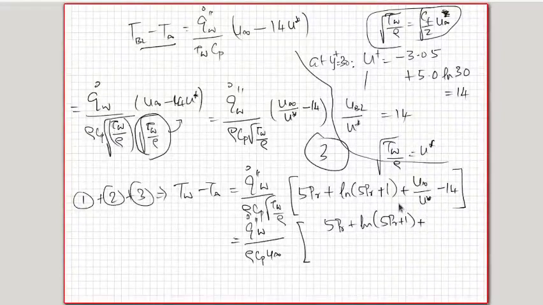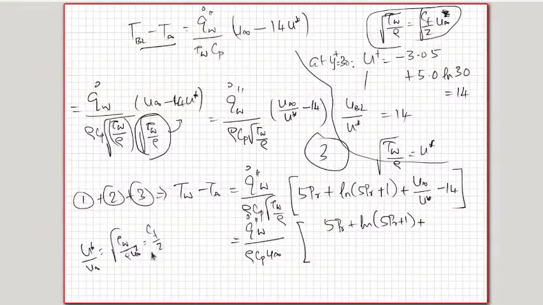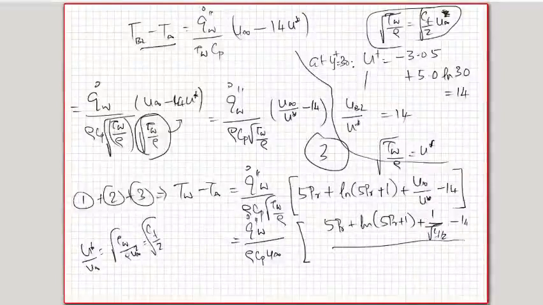Now U star is square root of tau wall by rho. So U star by U infinity will be square root of tau wall by rho U infinity square, which is Cf by 2 square root. So U infinity by U star is 1 by square root of Cf by 2. Okay, minus 14, whole thing divided by square root of Cf by 2.